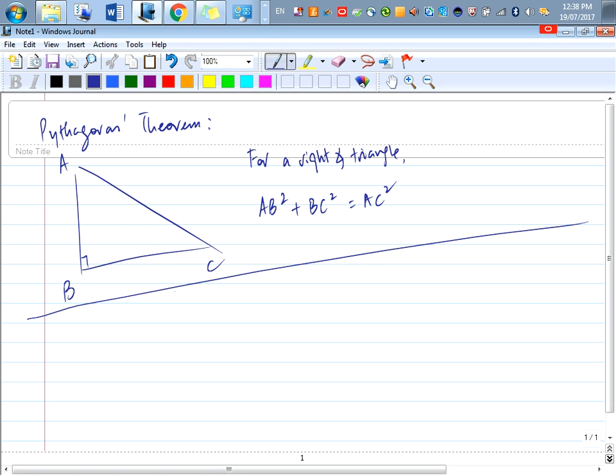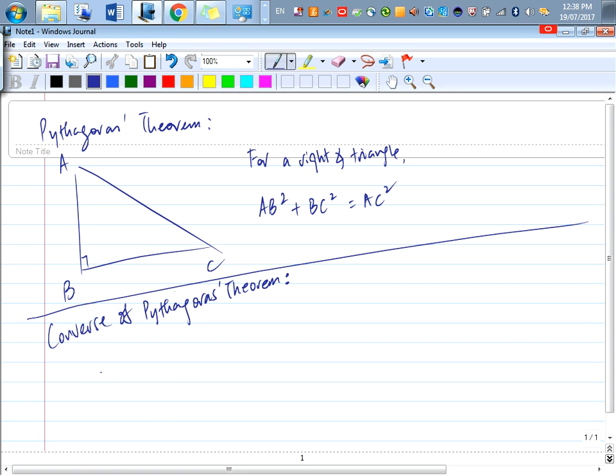So I cannot use Pythagoras theorem to prove that there is a 90 degrees. Instead, I need to work backwards. I need to reverse direction, right? So what do we call this? We call it converse of Pythagoras theorem. Okay, now what does the converse of Pythagoras theorem state?